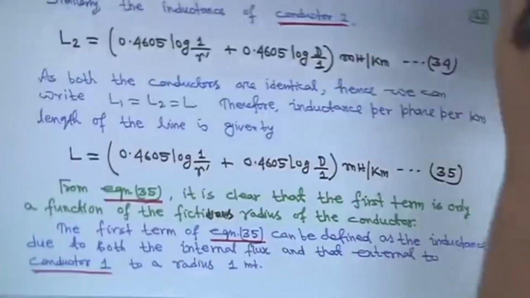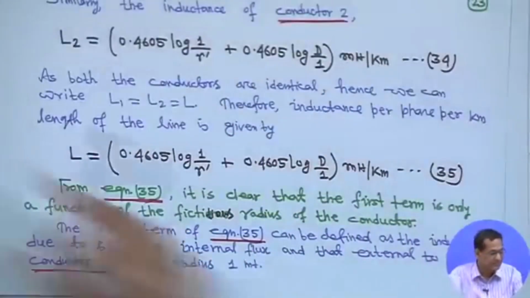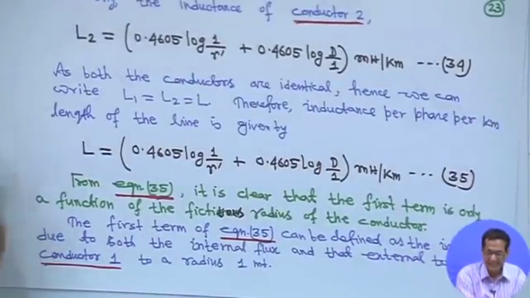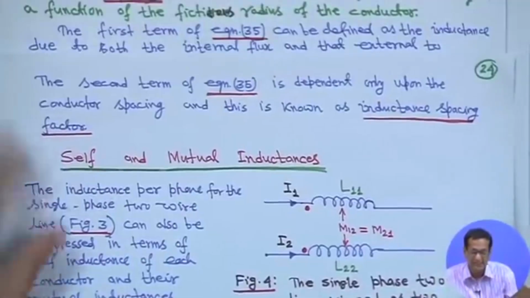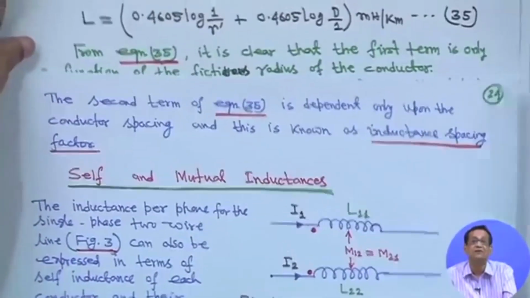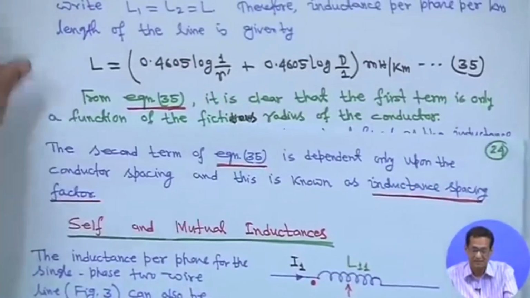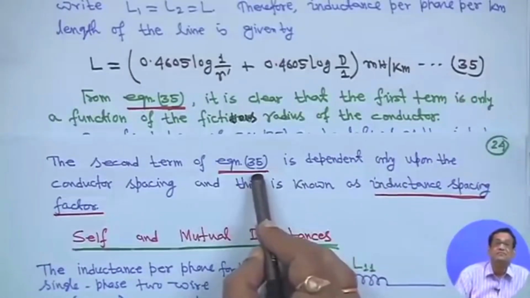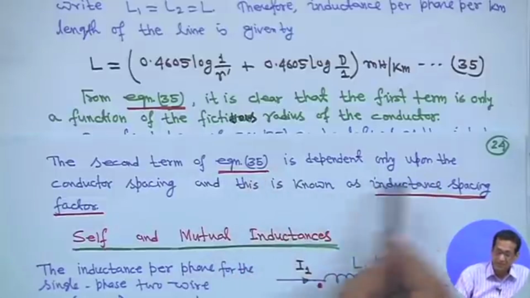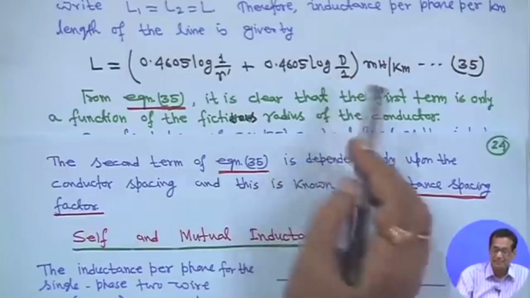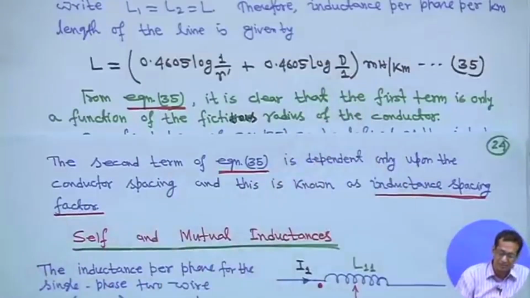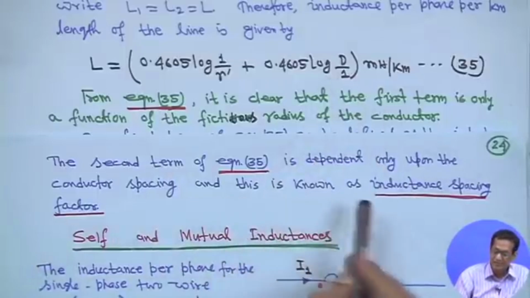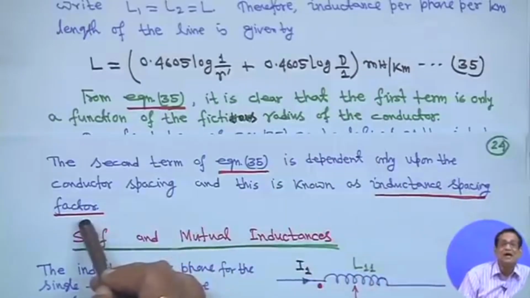Similarly, the second term of equation 35 is dependent only upon the conductor spacing, because the distance between the conductors is d, and this is known as the inductance spacing factor.